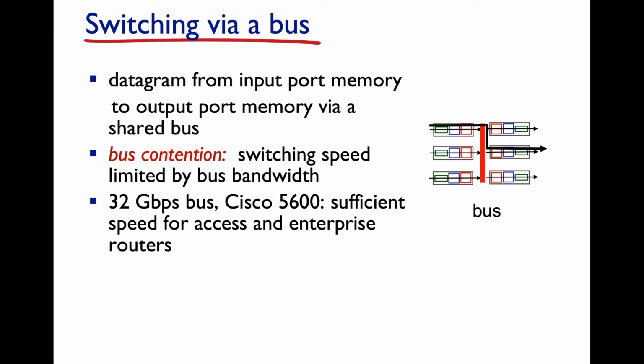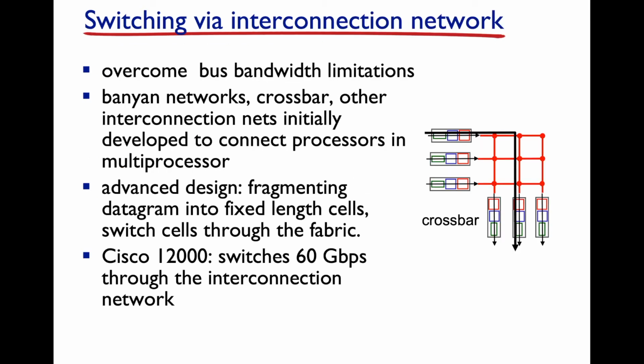The input ports want to have write access to send data, and the output ports want to have read access to receive data. And so you can get bus contention, and the switching speed is limited by the bus bandwidth. There are products out there that use bus architecture, but by today's standards, they're not as popular.